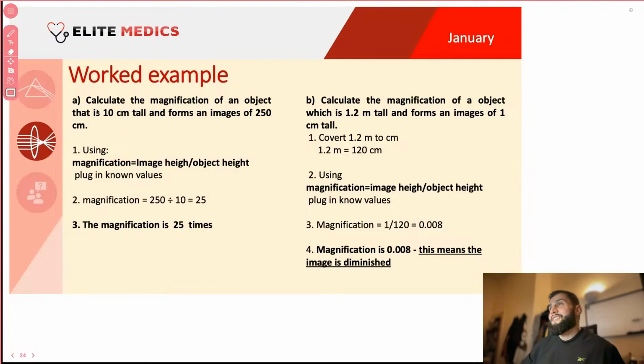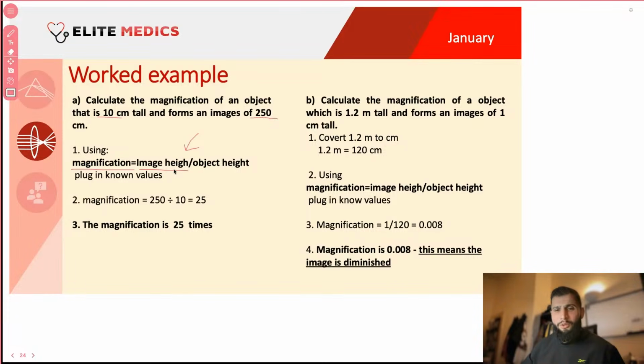Anyways, so we're going to try this example. Calculate the magnification of an object that is 10 centimeters tall and forms an image of 250. So how do we do this? Magnification, we know it's the image height over the object height. The image is what was projected, the end product after the magnification.